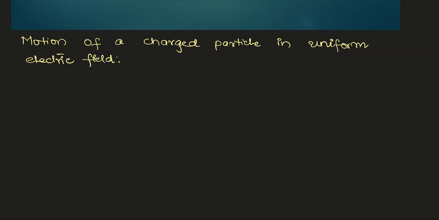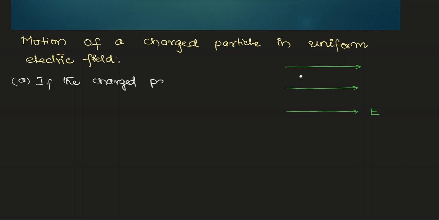Suppose we are given a uniform electric field directed along the positive x-axis, whose magnitude is E, and in this a particle which is initially at rest. That is our first condition. The charged particle is initially at rest.